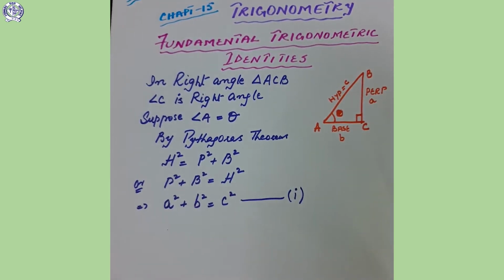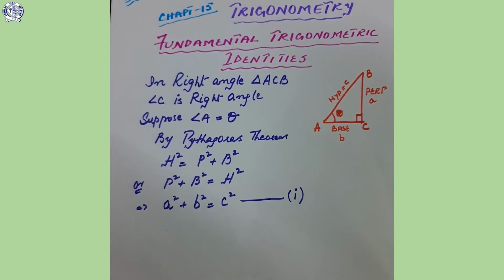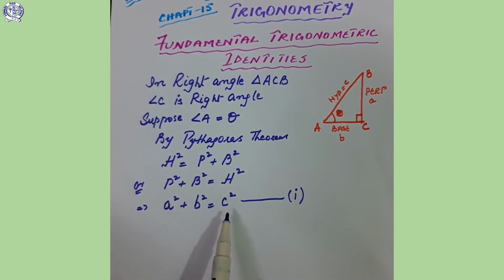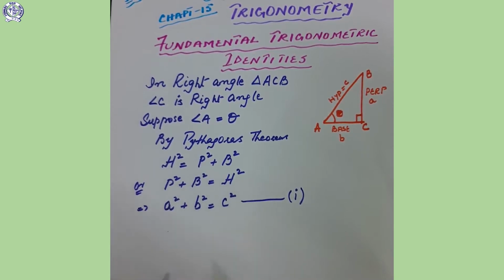Now for the derivation, we will solve this equation, and we will divide this equation 1 by a square, b square and c square to get three equations, three identities, you can say. So let's start with c square. We'll divide this whole equation by c square. It means divide each term by c square.